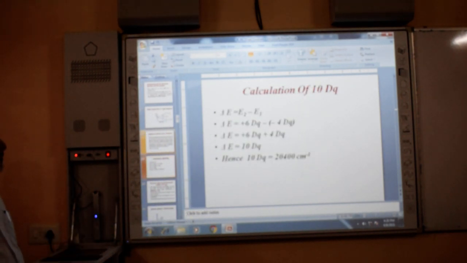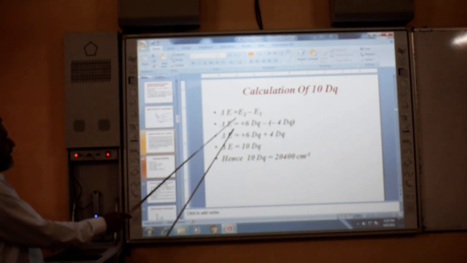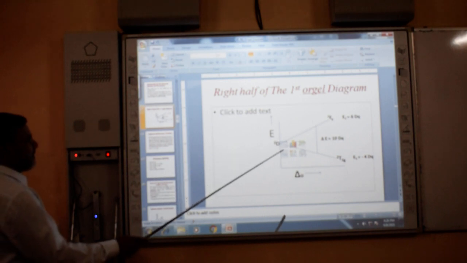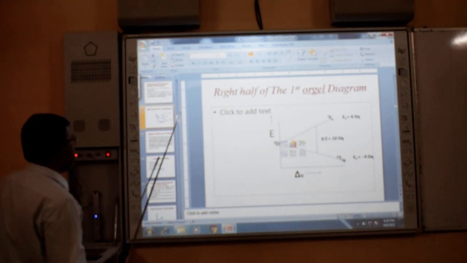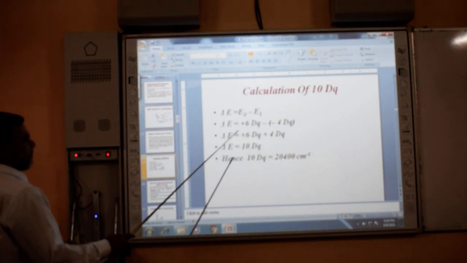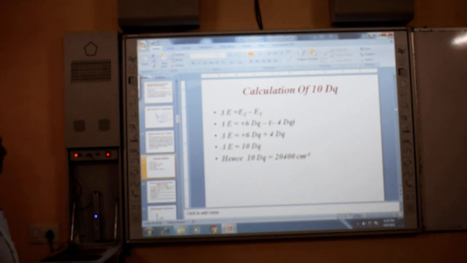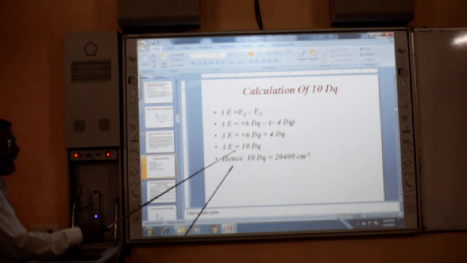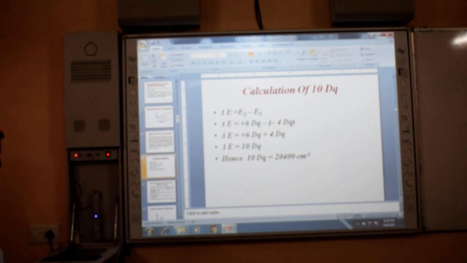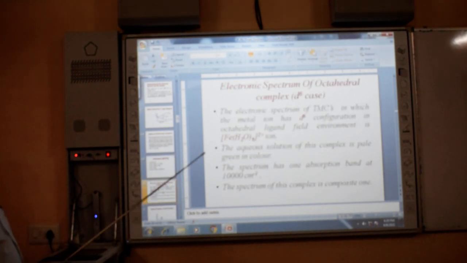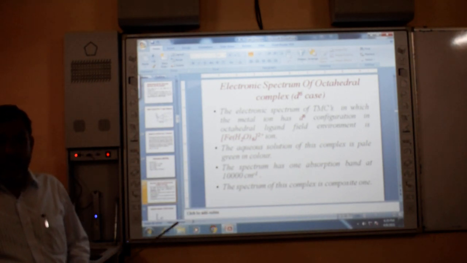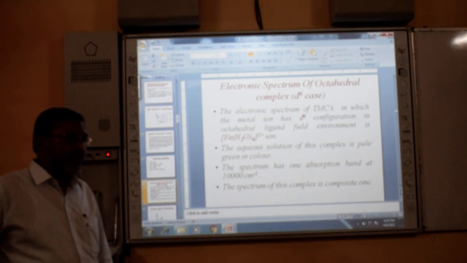Calculation of 10 Dq: see here, delta E is E2 minus E1. So delta E equals 10 Dq. Hence 10 Dq is 20,400. Like this we can use another case to interpret.